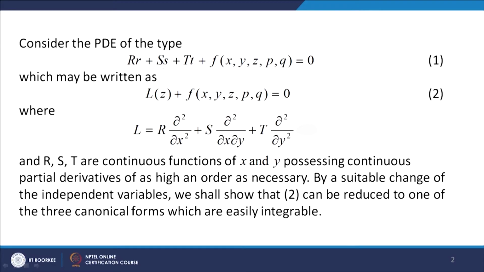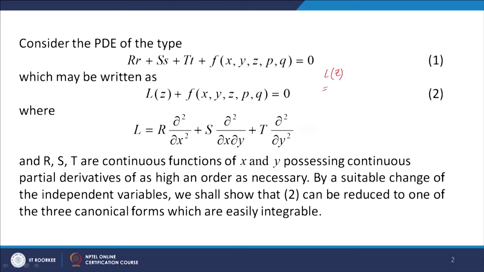Now, this equation can be written as Lz plus F(x, y, z, p, q) equal to 0, where L is the differential operator given by R del square over del x square plus S del square over del x del y plus T del square over del y square.